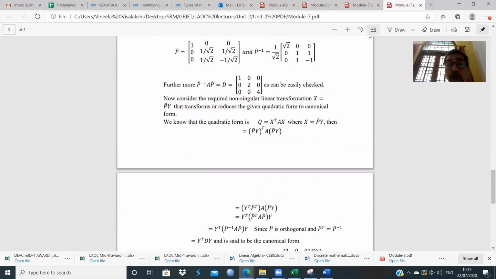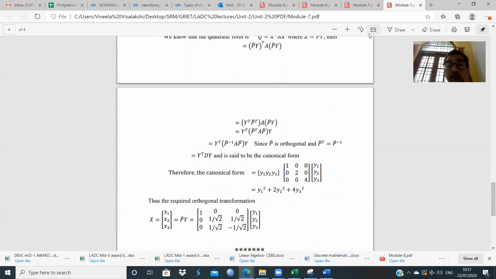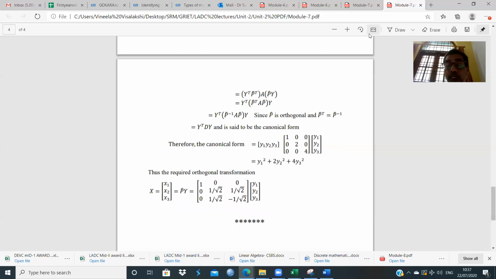And now we embark upon finding out the canonical form. So as before, start with Q is equal to X transpose AX, and then X is equal to PY, and then careful treatment will lead this to Y transpose DY, giving us y1 square plus 2y2 square plus 4y3 square, which once again is representing an ellipsoid in 3 dimensions.